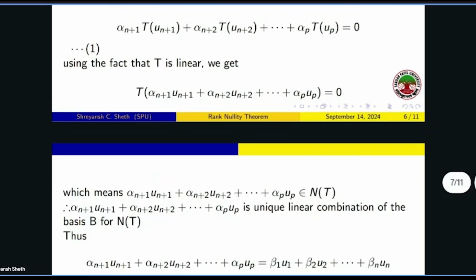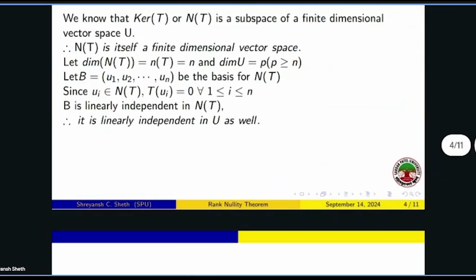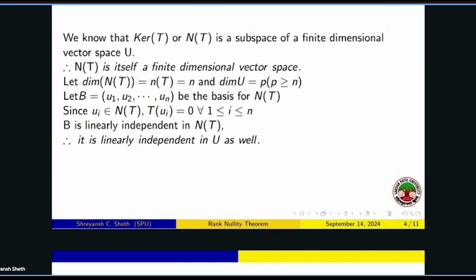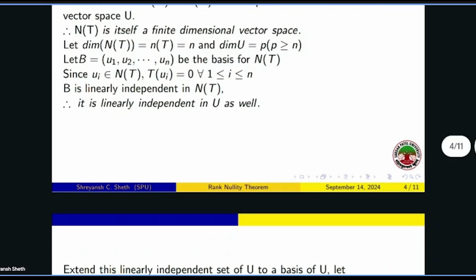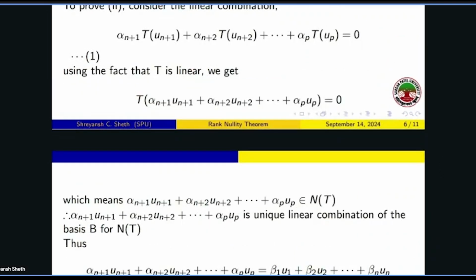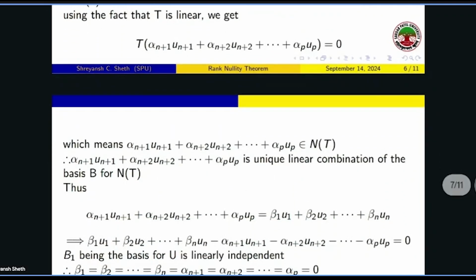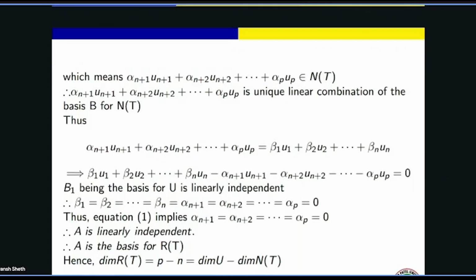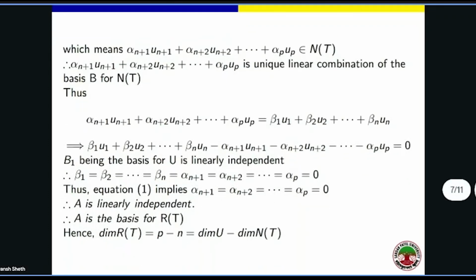But since the null space is spanned by these n vectors, u1, u2 up to un, any element whose image is 0 can be written as a linear combination of the basis vectors of the null space, right? So the linear combination alpha_{n+1} u_{n+1} up to alpha_p up can be written uniquely as a linear combination of these u1 to un, these n vectors, because they are a basis for the null space, right? So now we have this equation.